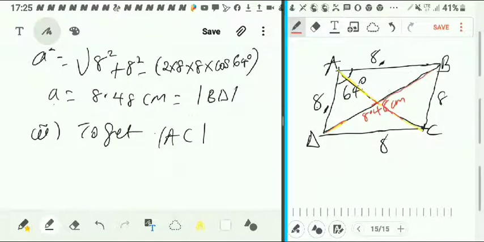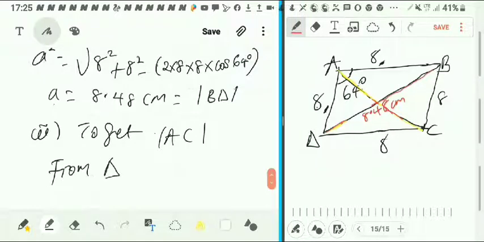So let's get from triangle ABM. Let's call the point of intersection of the diagonals M. Now from M, you know that in a rhombus, the diagonals bisect each other at what?